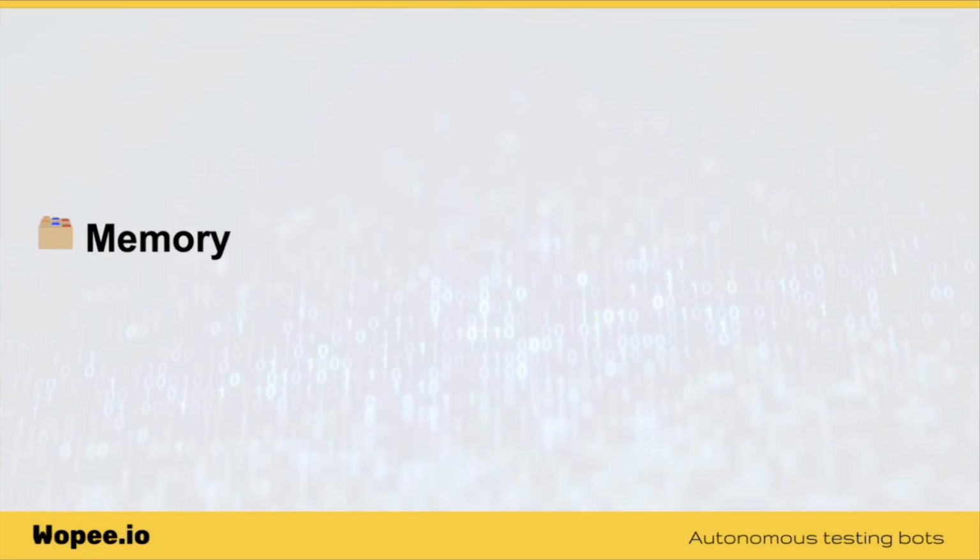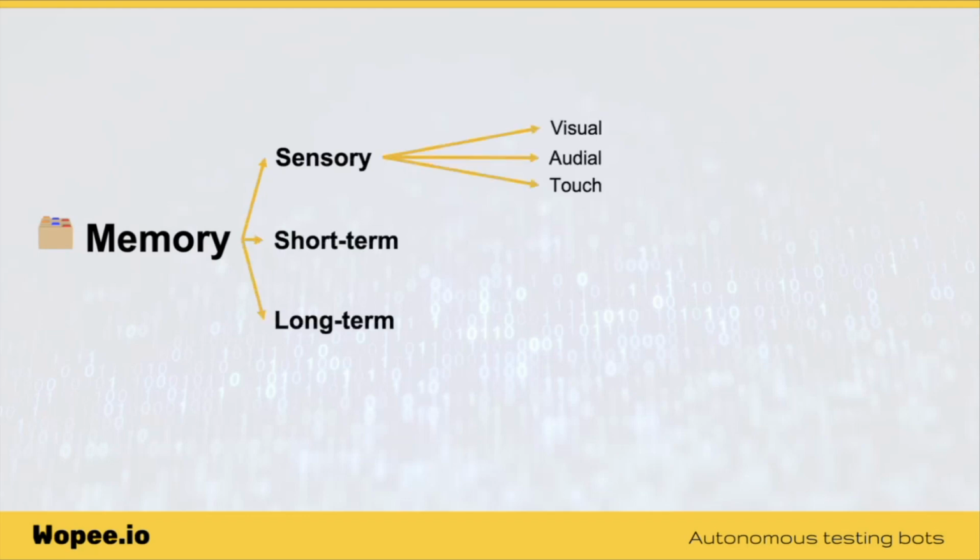Then we have a third building block, which is memory. When I was preparing this slide, it looked a bit complicated, but I will simplify it at the end on the right side of the slide. When the animation finishes, it'll be simple and, I believe, clear. When we are talking about memory, there are three types: sensory, short-term, and long-term. Sensory could be visual, audio, or touch.